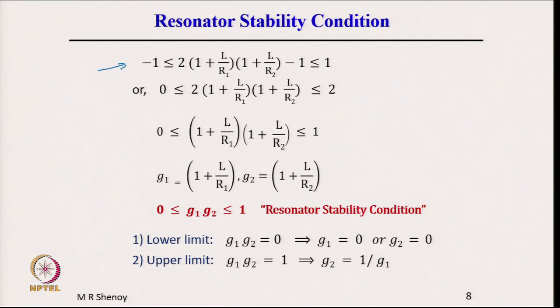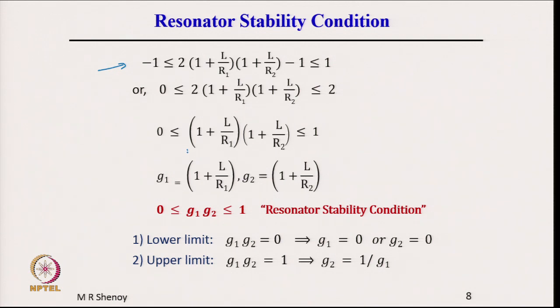Now, here again the same step is written, minus 1 less than or equal to 2 into 1 plus L by R 1 into 1 plus L by R 2 minus 1 should be less than or equal to 1. Therefore, if you add 1 to all the sides, then you have 0 less than or equal to this, and if you divide by 2, we have 0 less than or equal to 1 plus L by R 1 into 1 plus L by R 2 less than or equal to 1.